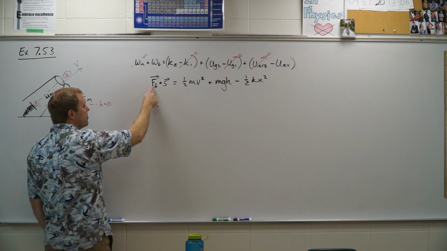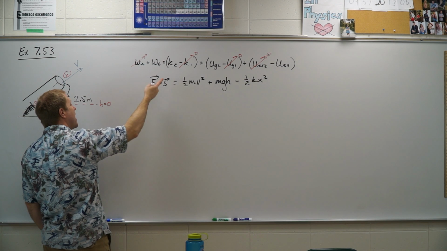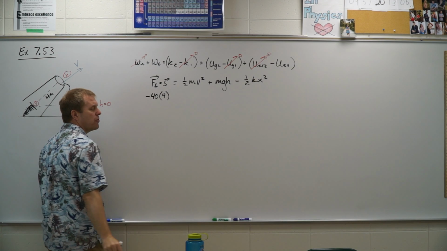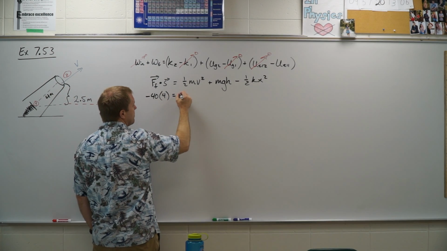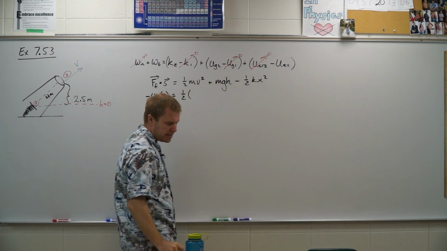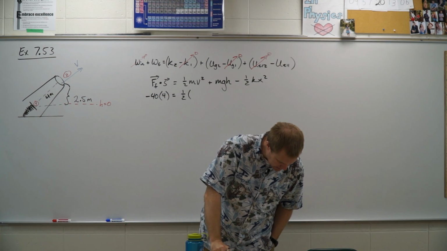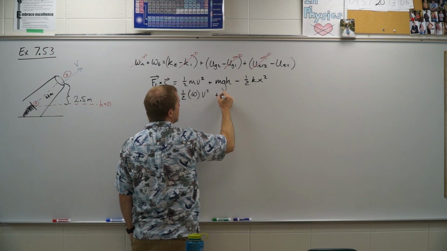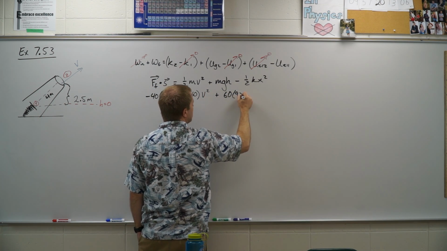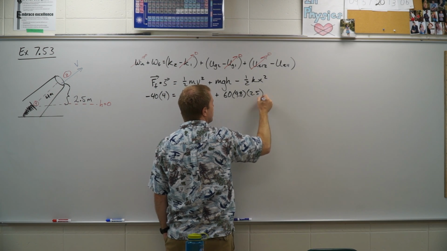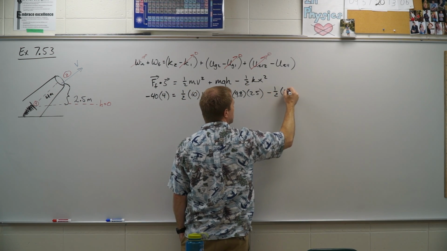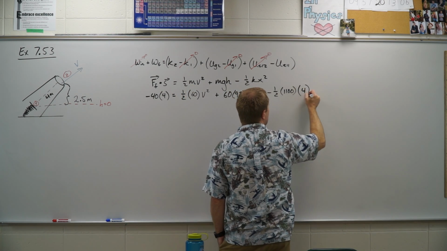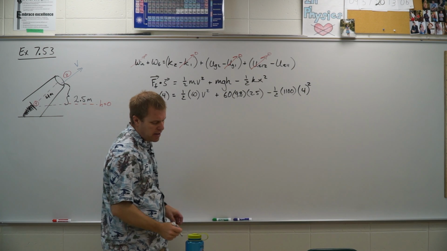All right, so the force of friction was 40 newtons and it is opposite the displacement. So I have a negative 40 times the displacement, which was 4. I have the 1/2 times his mass, which was 60 kilograms, times v squared, plus 60 times 9.8 times a height of 2.5, minus 1/2 times the 1,100 newton per meter spring constant times how far it was compressed, 4 meters.